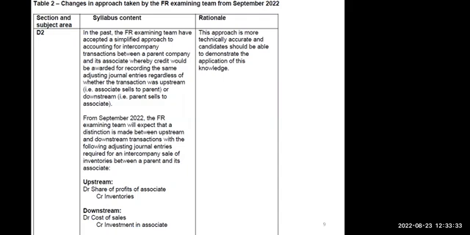When the associate company sold goods to the parent company, the accounting entry is retained earnings debit and stock, inventories credit. So in the income statement, the share of the associate profit will be affected.